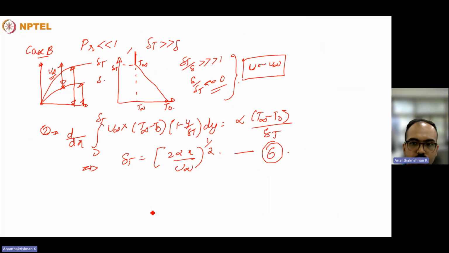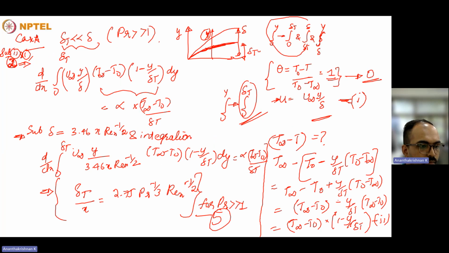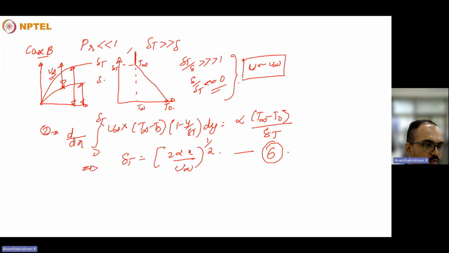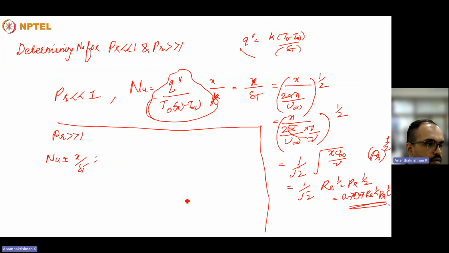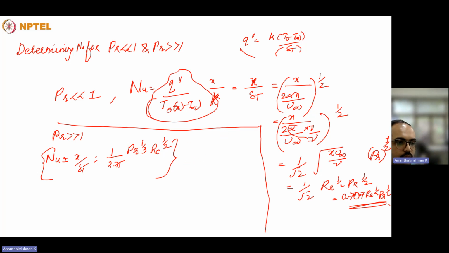So 1 by 2.75, Prandtl number raised to 1 by 3 and Reynolds number raised to 1 by 2. So that will be the value of Nusselt number for the Prandtl number greater than 1 case. So this solves the problem.